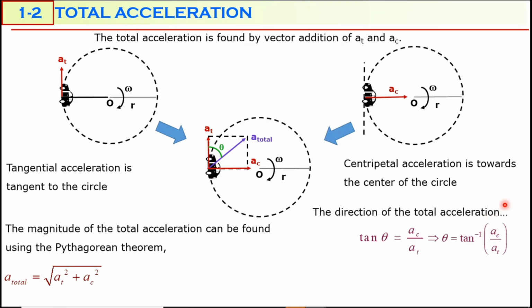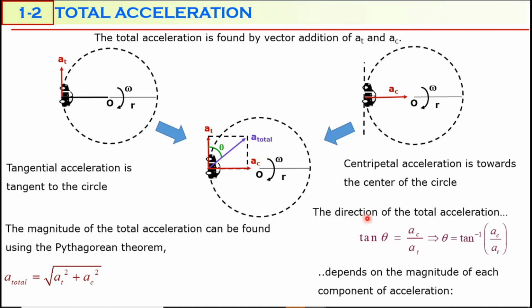Inverse tangent of AC over AT is the equation to calculate the angle, or direction, of the total acceleration with respect to this vertical line. Fortunately, you are not going to calculate anything. Only you are going to learn about this equation, how to calculate tangent theta in the motion of this car.